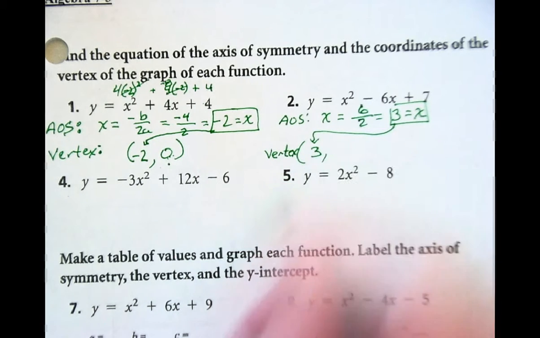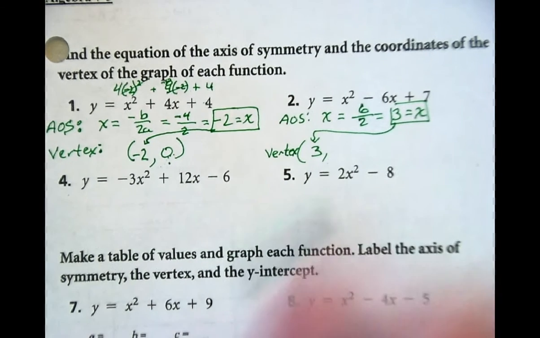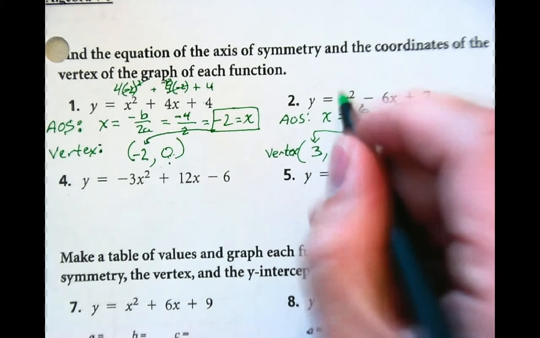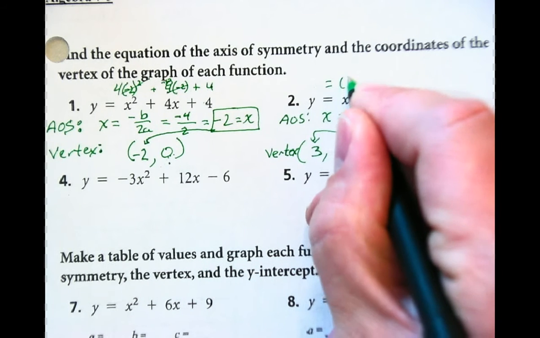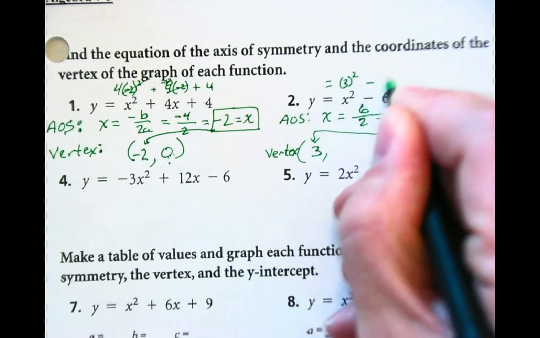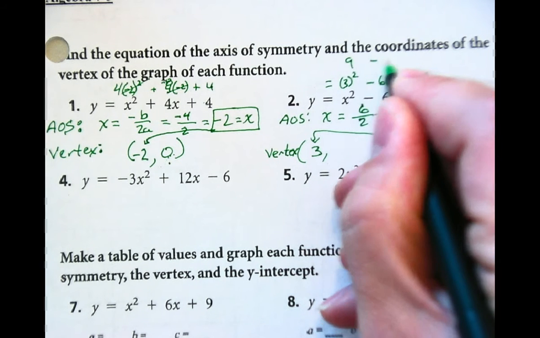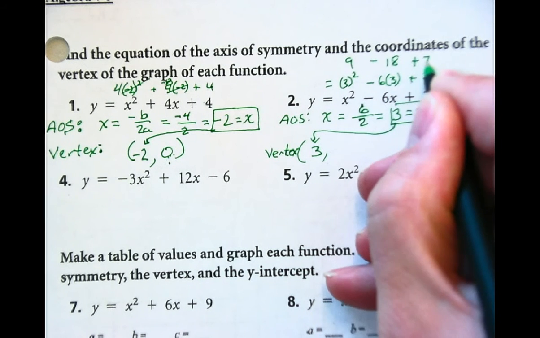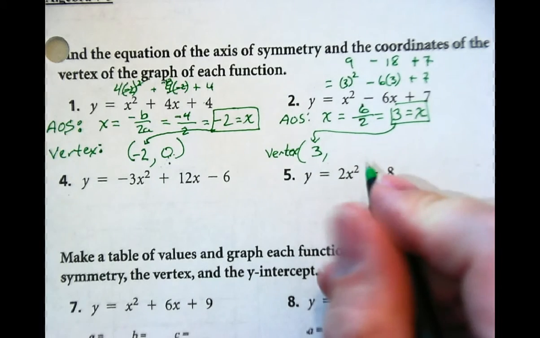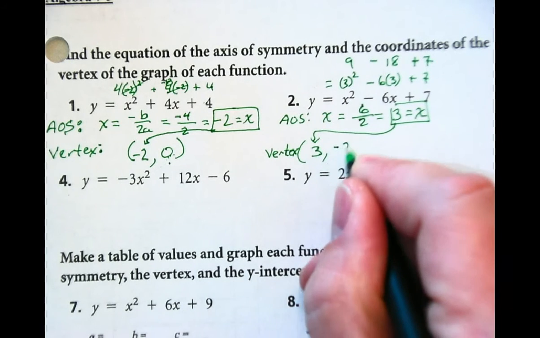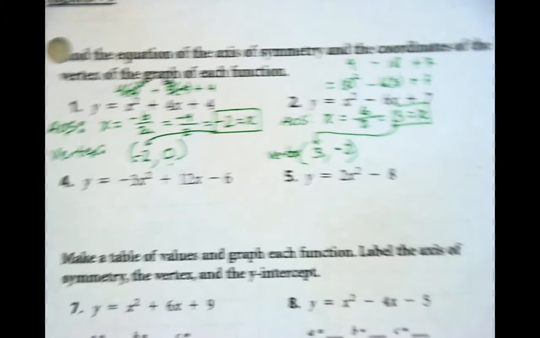Okay, so we have 3. And then we have to plug that into our equation. So that equals, just going to write it up here, 3 squared minus 6 times 3 plus 7, or 9 minus 18 plus 7. -9 plus 7 is -2.